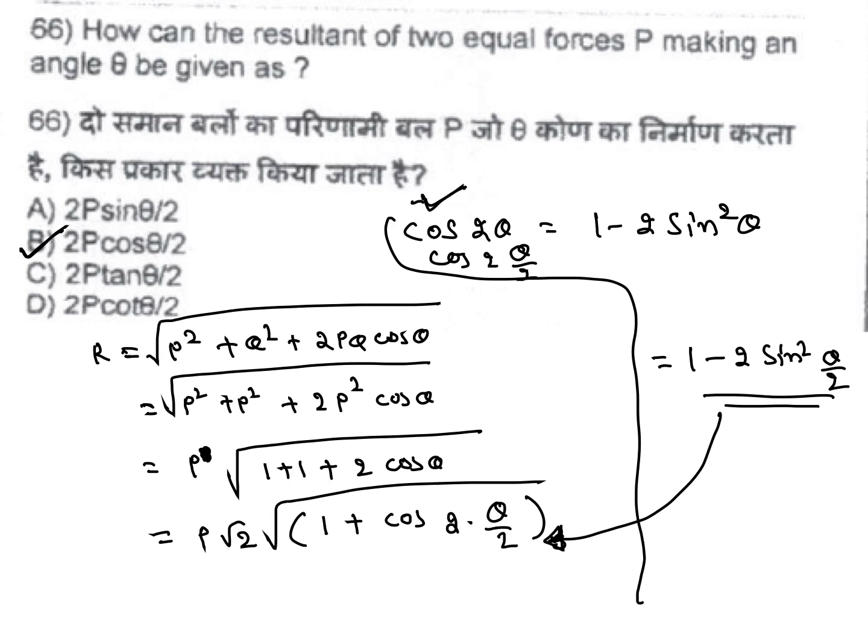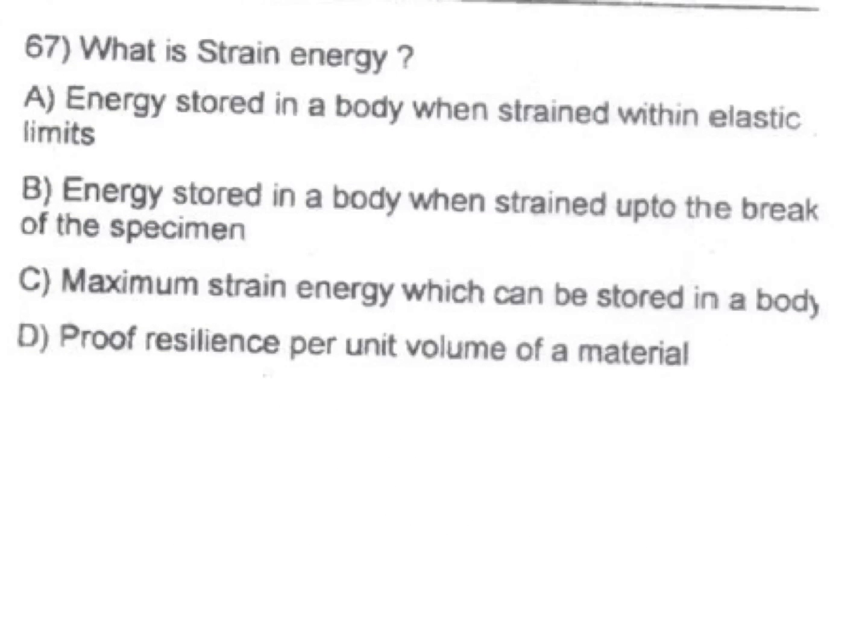Question is, what is strain energy? A. Energy stored in a body when strained within elastic limit. This is the definition of resilience. Then B. Energy stored in a body when strained up to break of specimen. This is strain energy.